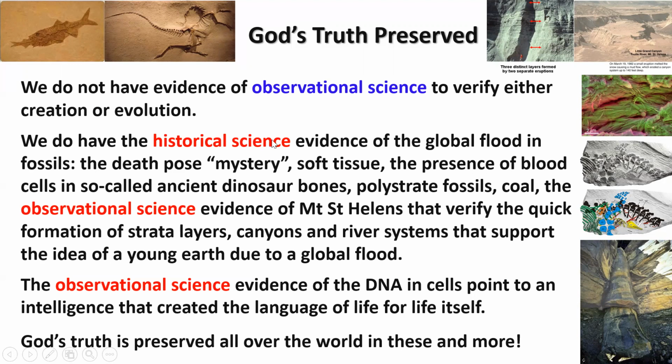We do have historical science evidence of the global flood in fossils. For example, we have explored the death pose mystery. We have explored soft tissue, with the presence of blood cells in so-called ancient dinosaur bones. We have seen polystrate fossils, tree trunks that cut across so-called different layers of ages.